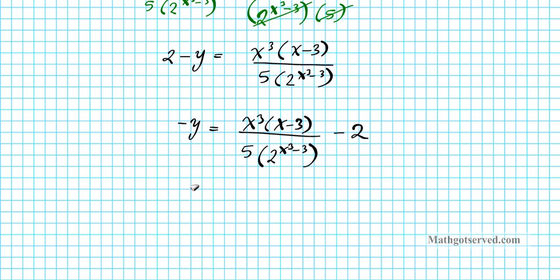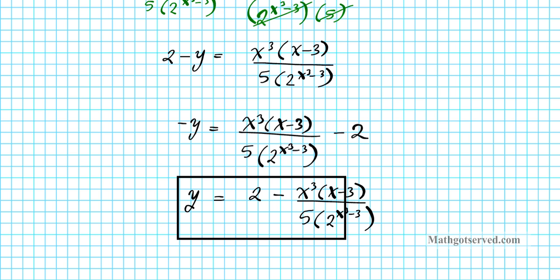And if we multiply both sides by negative 1, we'll have the final result, which is going to be 2 minus x to the third times x minus 3 over 5 times 2 to the x to the third minus 3. Okay? So what I did here is if you multiply both sides by negative, this term becomes negative, this becomes positive. You just switch it around, and there goes your final result. Okay? So there you have it.